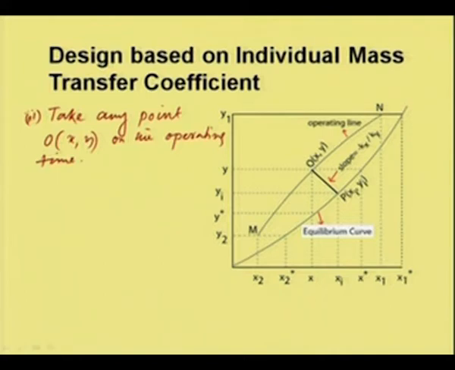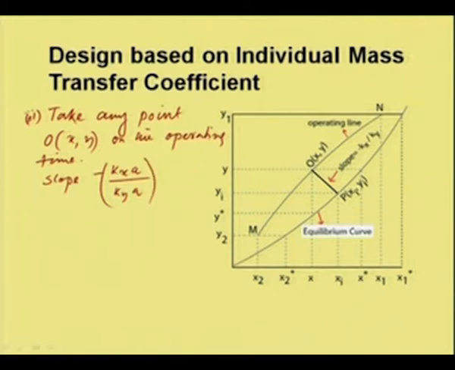Now, we know the slope of the value minus k x a by k y a.